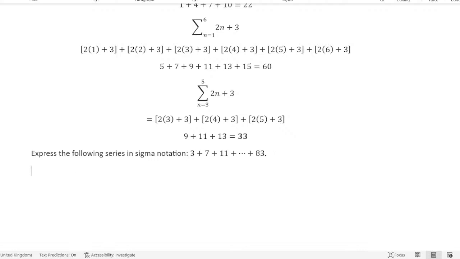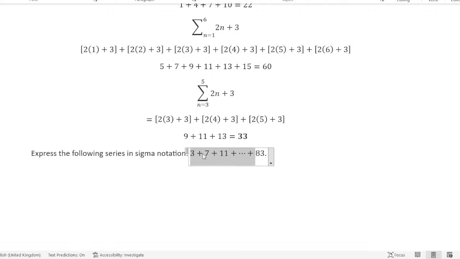Now express this series in sigma notation. Where would you start? It's a series because it is separated by a plus sign.